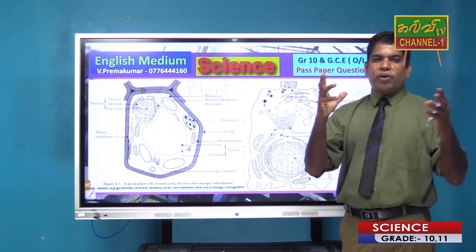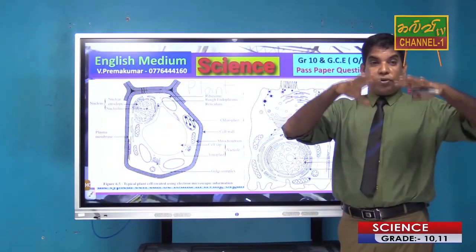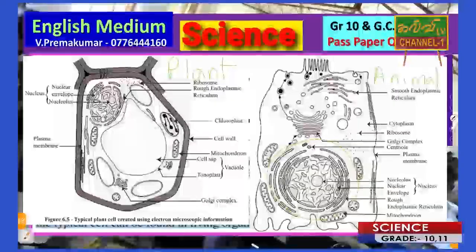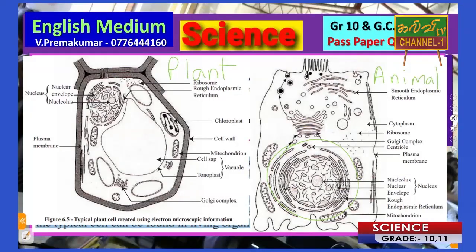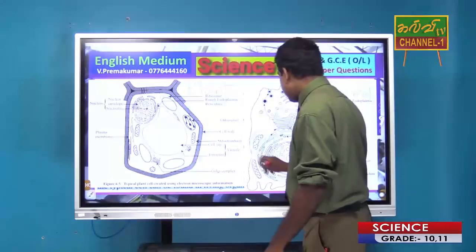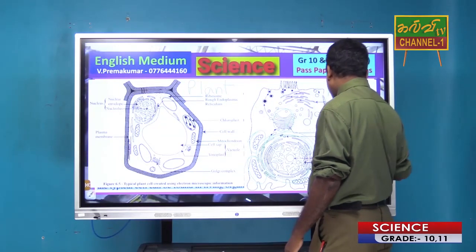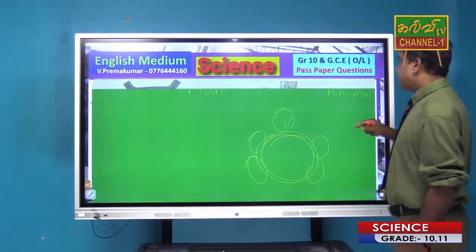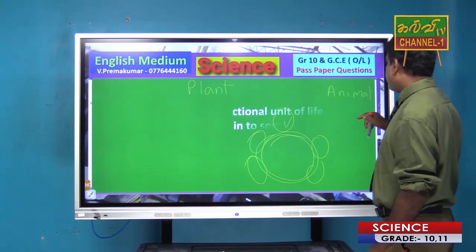Without a nucleus, we don't know. So we like to study the cells, therefore the nucleus is very important. Some kinds of cells don't have a nucleus, but we don't care about it. Why? Our target is to know the structure of the cells. Therefore, here each and every organelle, Golgi bodies, ribosome, mitochondria, should be there. Right? That is a typical cell.